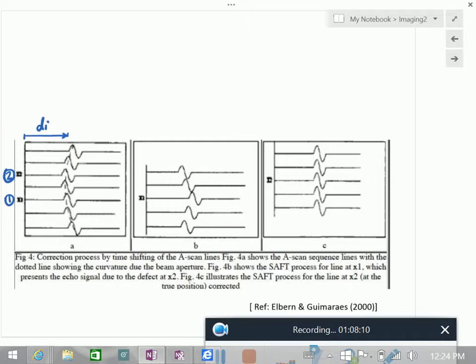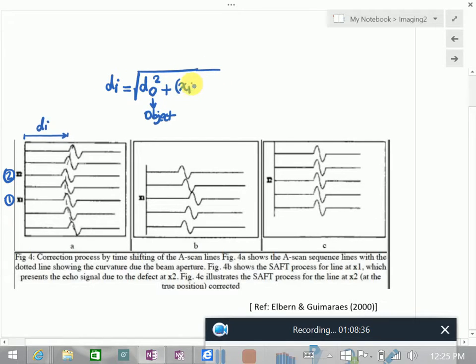So this is how it works. I just showed you before that this di is very easily related to the real location of the object, let's say d0 for the object, squared, plus the delta x. How far the point that we are measuring is from the real position of the object.